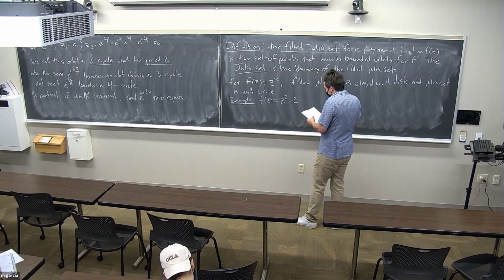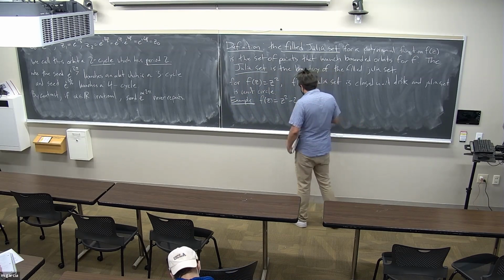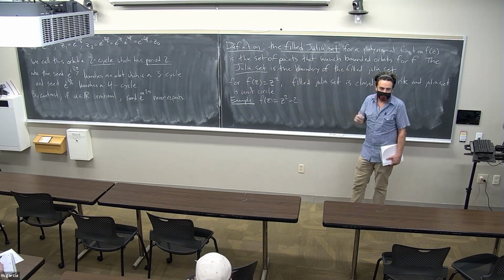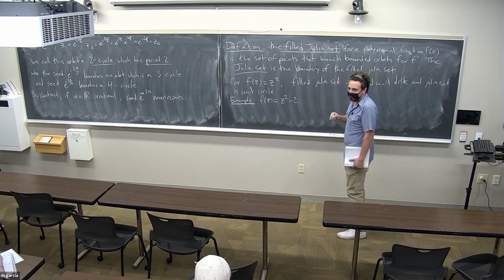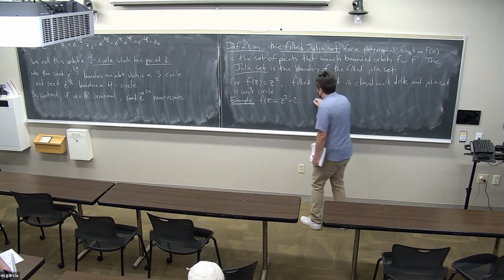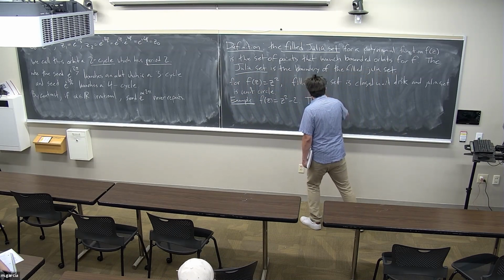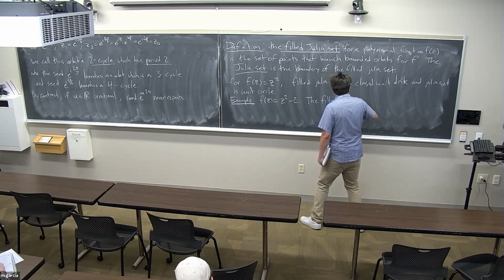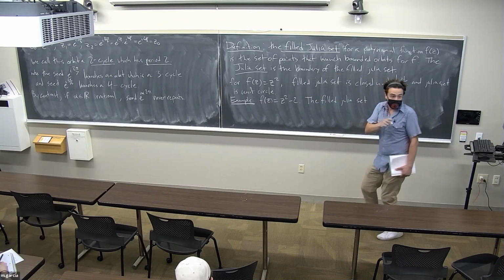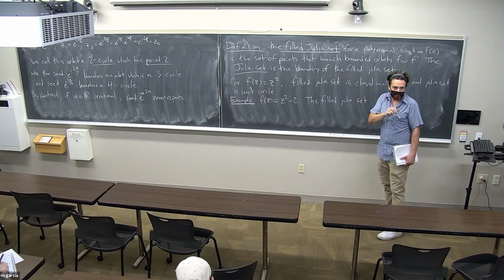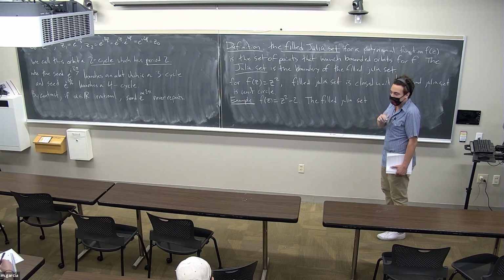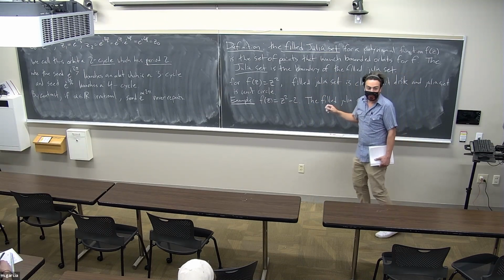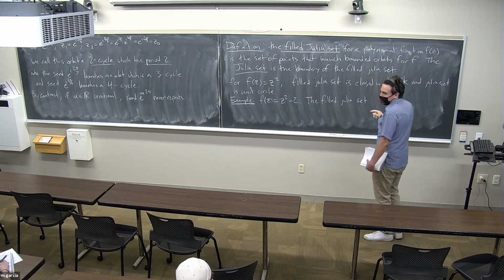What's the filled Julia set of this function? Do you have a guess? Like a circle of radius 1 around -2, 0? This is a little degenerate, actually. So let's see what happens here.